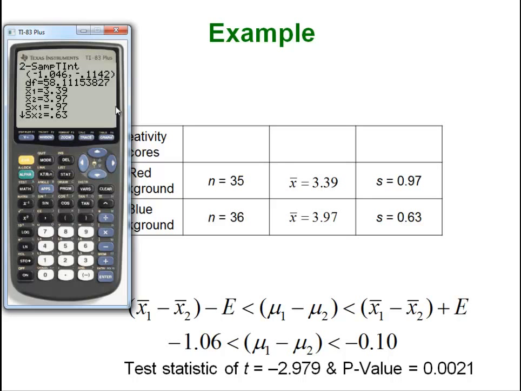So just keep in mind that you will get slightly different answers out of technology than tables because of the difference in the degrees of freedom and the rounding errors that happen when you have to find values in tables versus letting technology find the precise values.